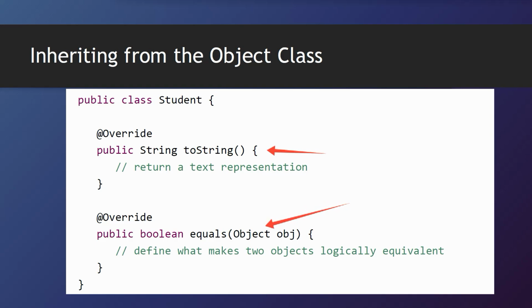When you override the equals method, you get to specify what makes two objects of your class logically equivalent to each other. If you use the inherited version, the equals method only compares if two objects are aliases, meaning they point to the same place in memory. But if you override the equals method, you can define equality to be a logical comparison of the characteristics that describe your object. We'll discuss overriding the equals method in more detail another time.